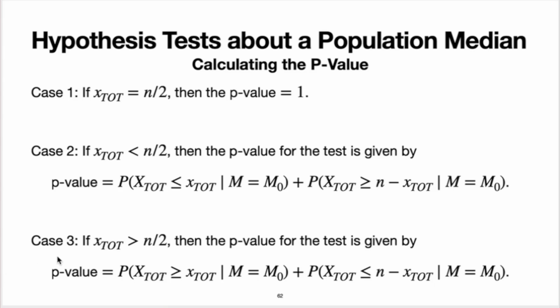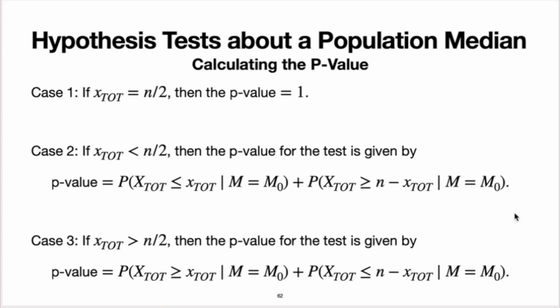Now, case 3, if the observed value of the test statistic X_tot is greater than n over 2, then the p-value for the test is given by the following formula. It's equal to the probability that the random variable X_tot is greater than or equal to the observed value of X_tot, computed under the conditions of the null hypothesis, plus the probability that the random variable X_tot is less than or equal to n minus the observed value of X_tot, again computed under the conditions of the null hypothesis.